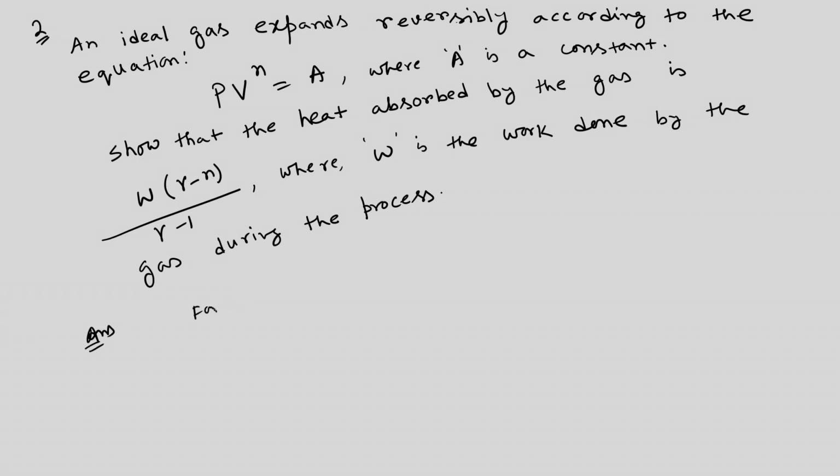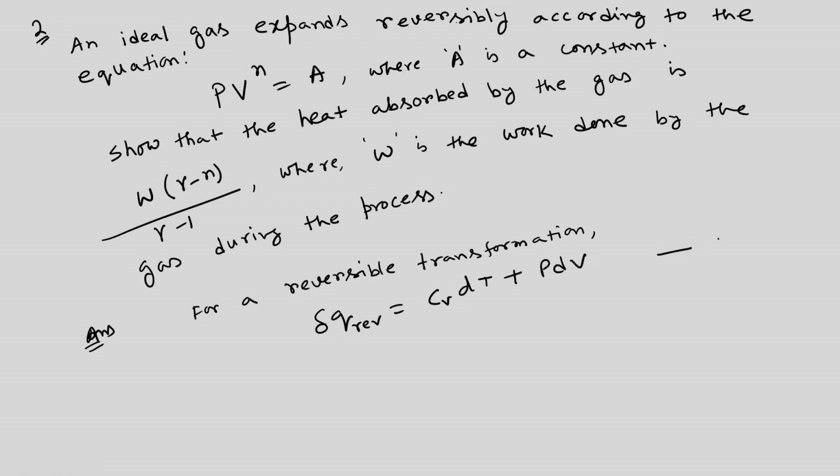So, for a reversible transformation, we can write del Q reversible is Cv times dT plus PdV. This one we get from first law of thermodynamics.